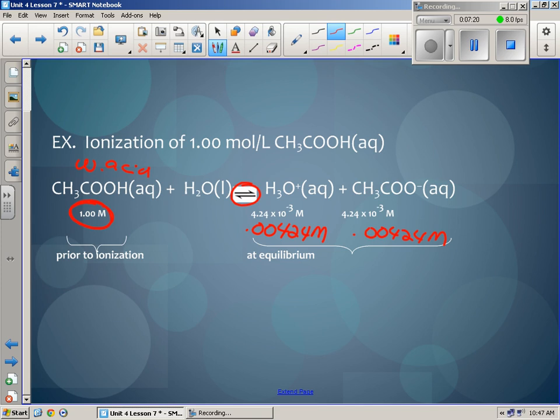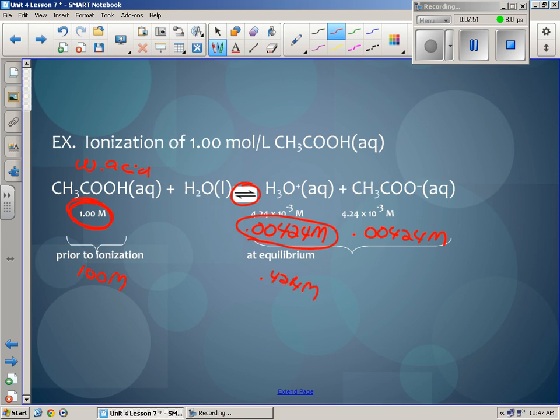0.00424. So you can see right away that when I start with 1 molar here, I end up with 0.00424 molar there. Okay, that's not a 1-to-1 relationship. That's not ionization of 100%. In fact, pretty opposite. If you start with 100 molar acetic acid, to be silly, that would give you 0.424 molar here.